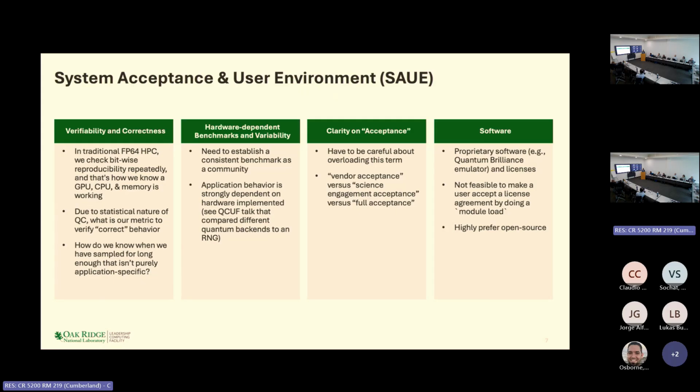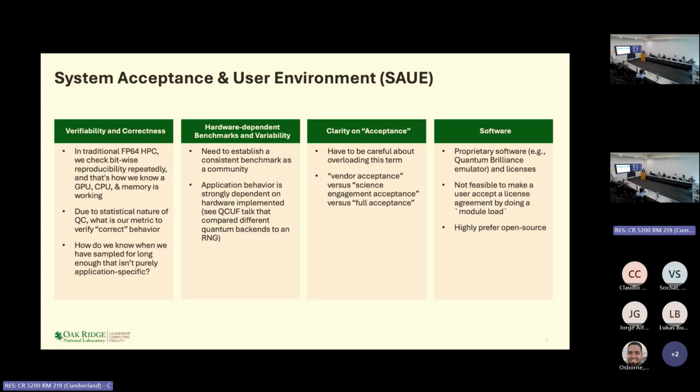One of their lines they drew was whether the samples they were getting were the same as what they could see from a random number generator classically. I thought that was very interesting, and it very much depended on the type of hardware, ion trap versus superconducting. And I touched on this a little bit, but yeah, clarity on acceptance.